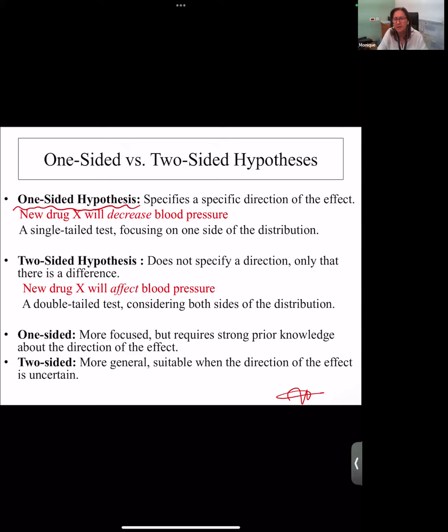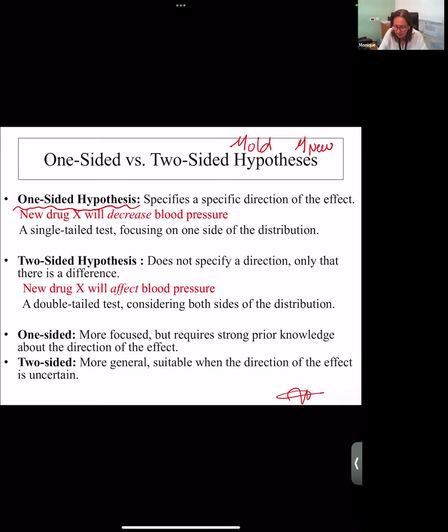What do I mean by direction? I am interested in seeing that the drug decreases blood pressure. So let's say we have an old drug, mu old, and I have mu new. I expect that the mu old, which is the blood pressure, would be greater.